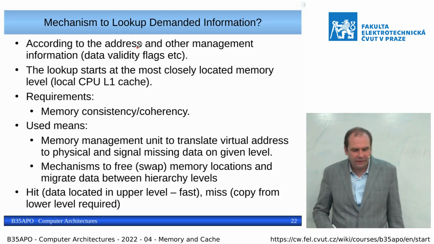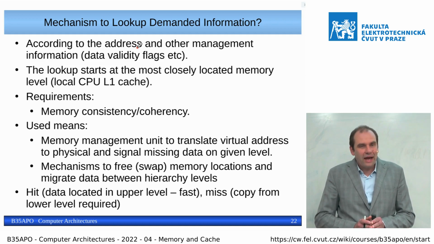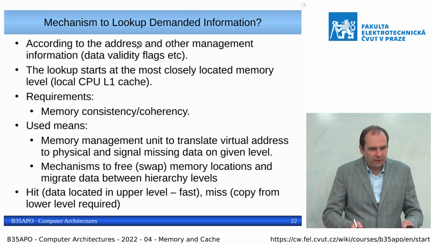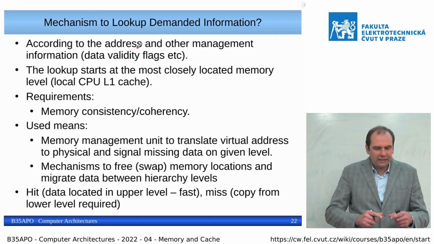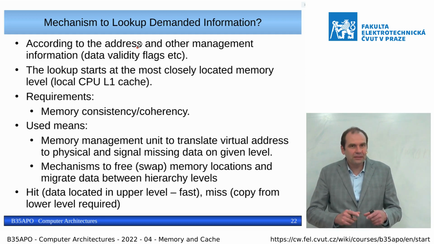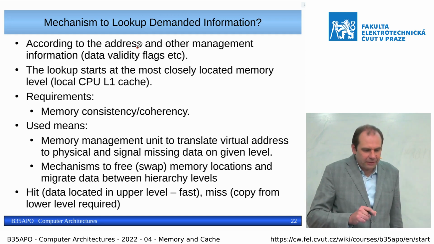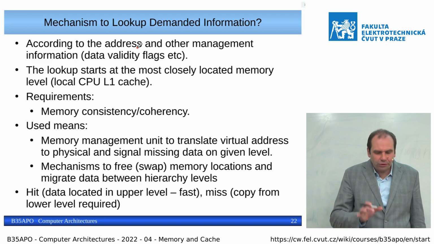At the moment when we want to access those data as if they were in the main memory, we need to check if they are present in the cache, so there has to be some mechanism to check and keep track of what is actually in the cache.